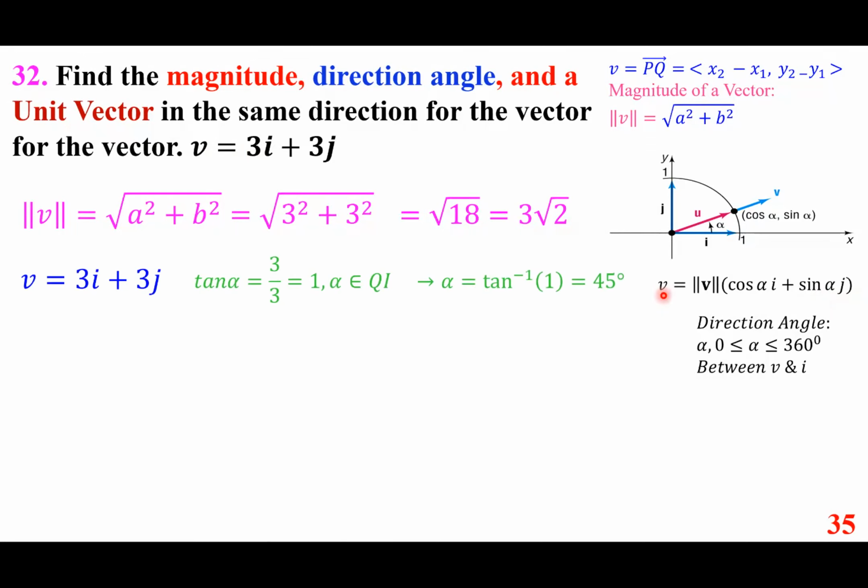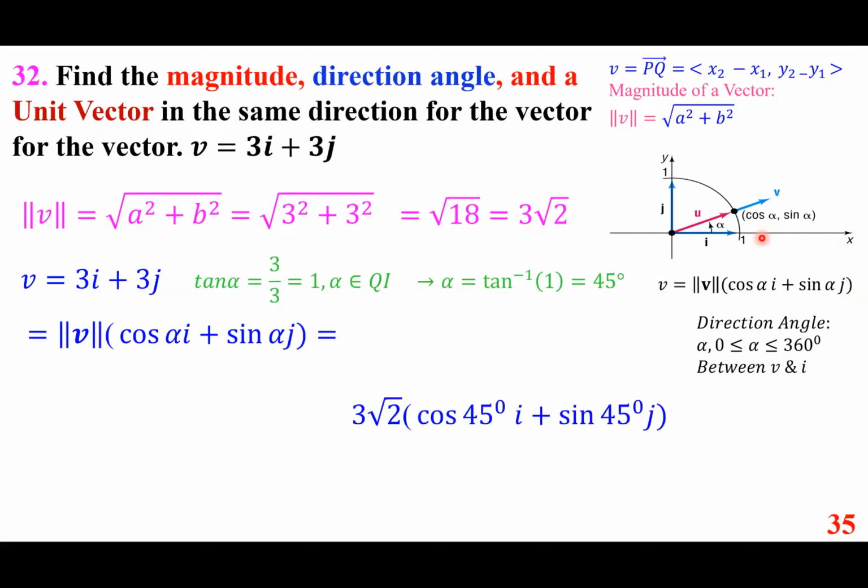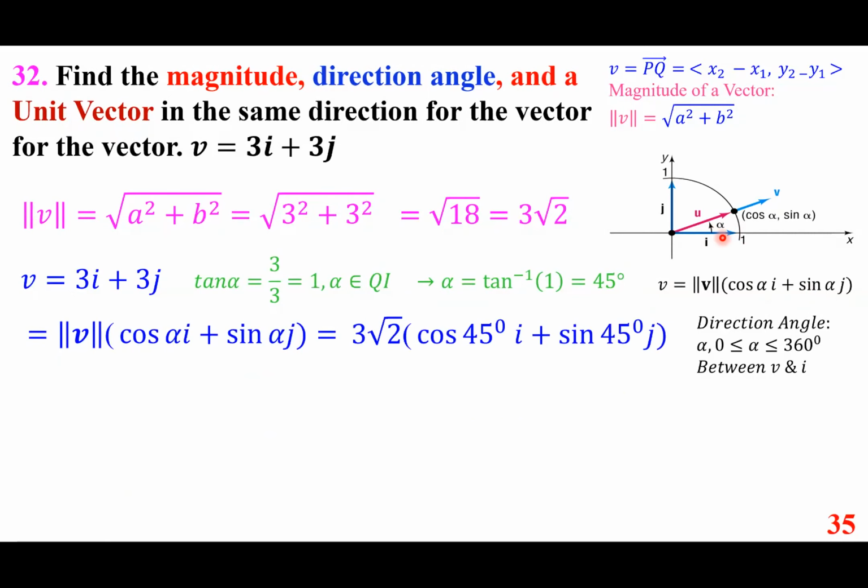Therefore, we can write this as the magnitude times cosine of 45 degrees i plus sine of 45 degrees j. Remember, i is the unit vector along the real axis, j is the unit vector along the y-axis.